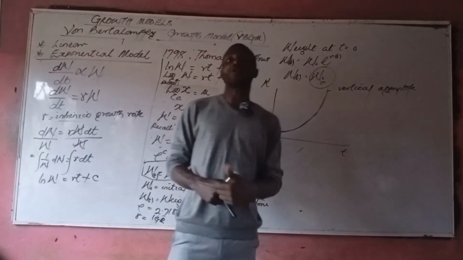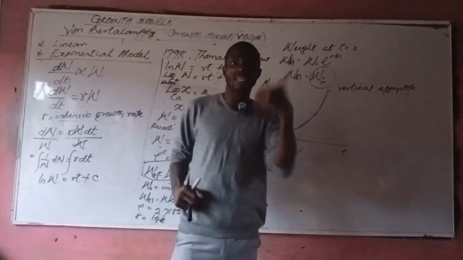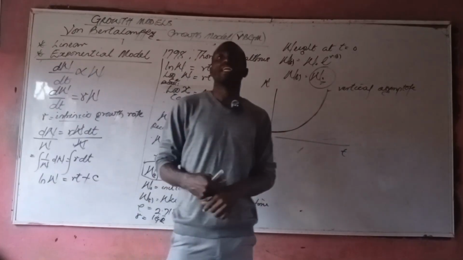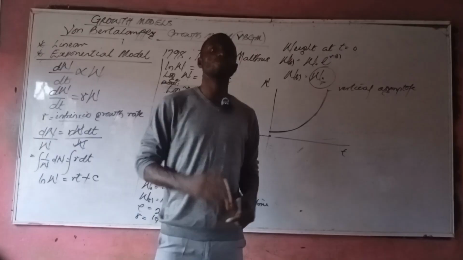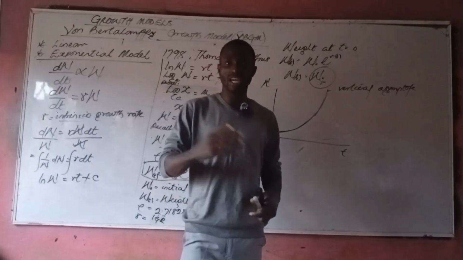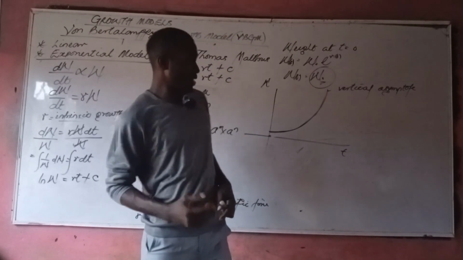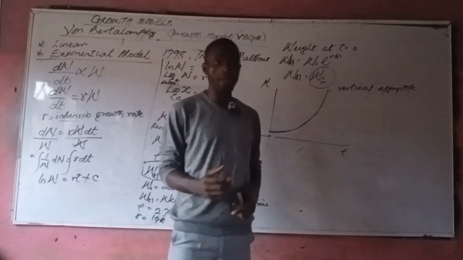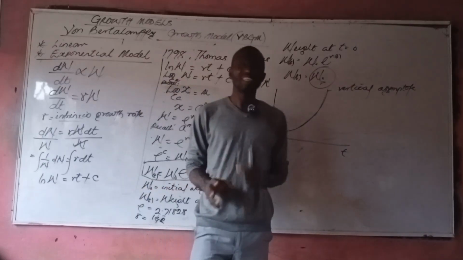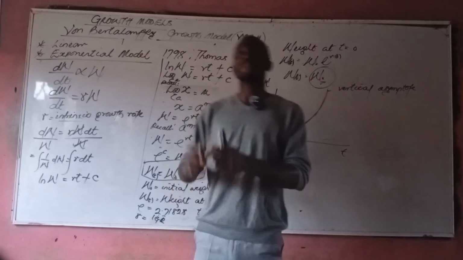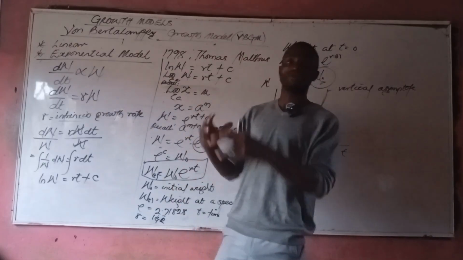The weight will continue to increase and increase and increase, and you definitely know that fish don't grow that way. Exactly, the weight of fish cannot increase that way. Like I said, they have growth spurts, which means that they will grow for a while. When the condition is unfavorable, they will stop growing.